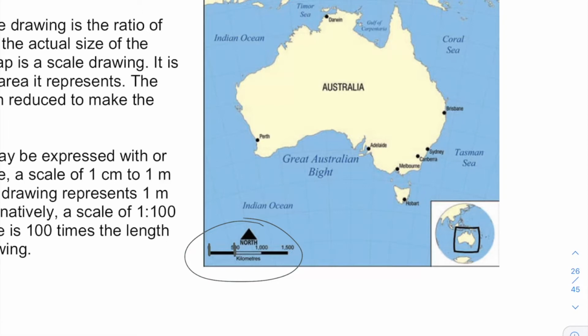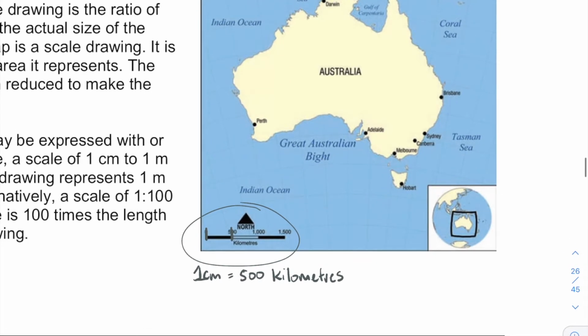So on this particular drawing, 1 centimeter has the same equivalent distance in real life. So 1 centimeter on that drawing in real life would be 500 kilometers. Okay, and that's how the scale works.